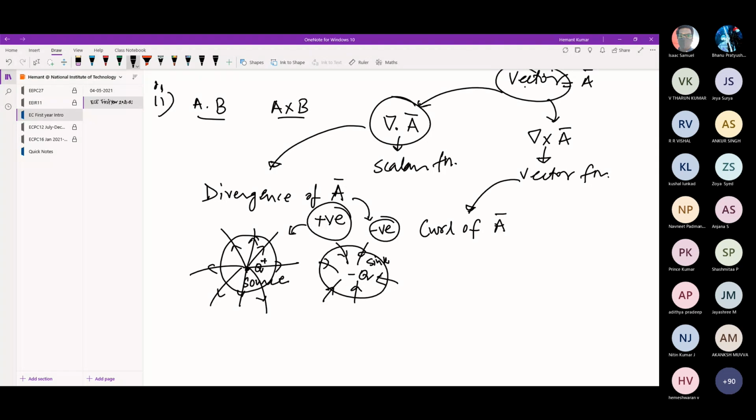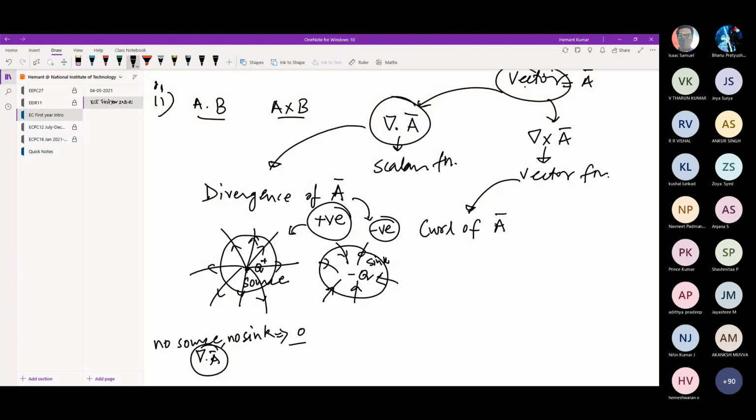If there is no source and no sink, then nothing will come outward and nothing will go inside. In that case, the divergence will be zero.